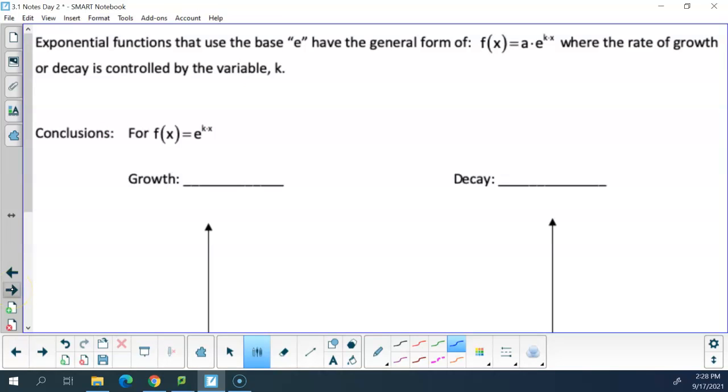Exponential functions that use base e have a general form of a times e to the kx power, where the rate of growth or decay is controlled by the variable k. I'm just going to flat out tell you that if k is greater than 0, it grows. We'd be in growth.